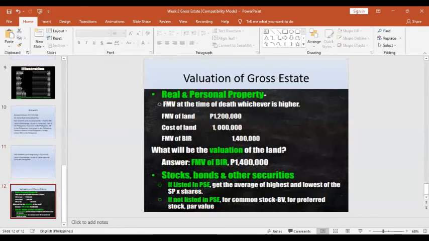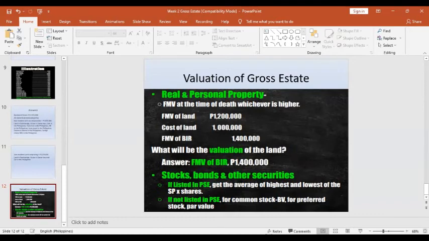Okay, so how do we evaluate or measure the value of the gross estate? For the real and personal property, the basis of the valuation of the gross estate is the fair market value at the time of the death of the decedent, whichever is higher.